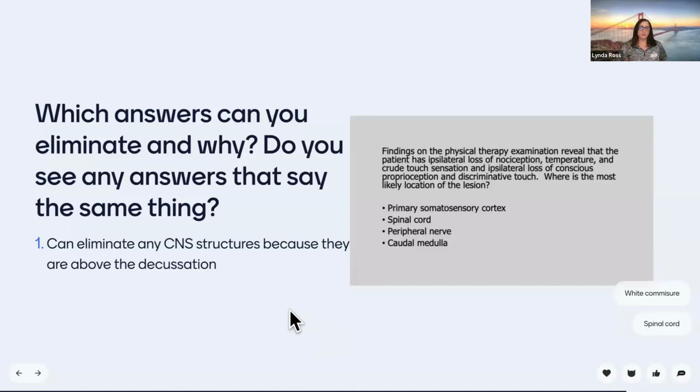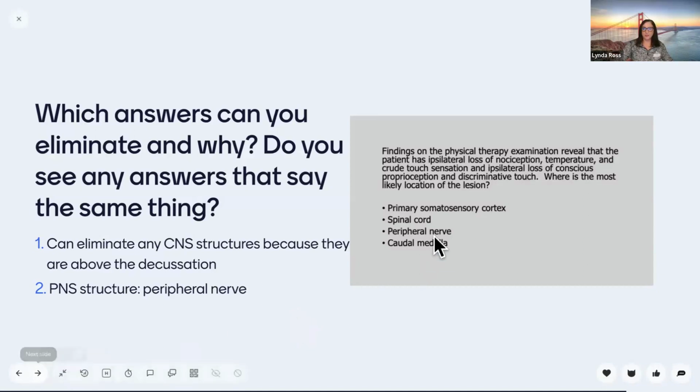So we can eliminate any CNS structures because they are above the decussation. This should say rostromedulla, and it has to be a PNS structure, so the only thing that is there is the peripheral nerve. So primary somatosensory cortex, spinal cord, and rostromedulla are eliminated, leaving a peripheral nerve.